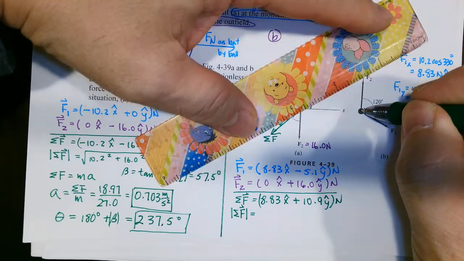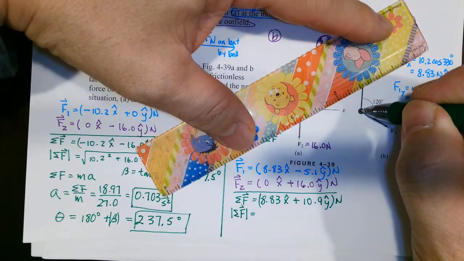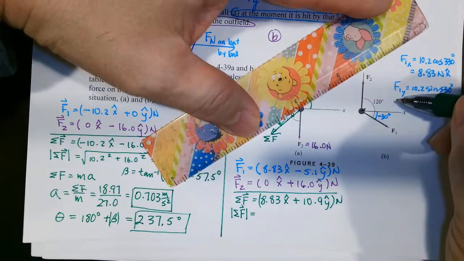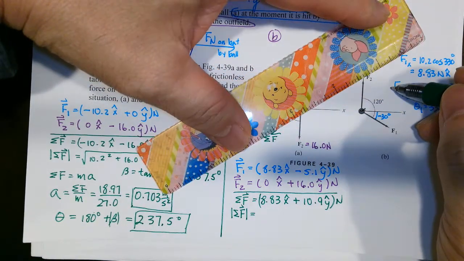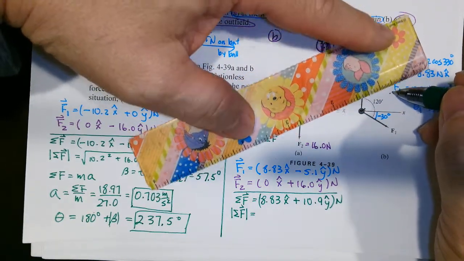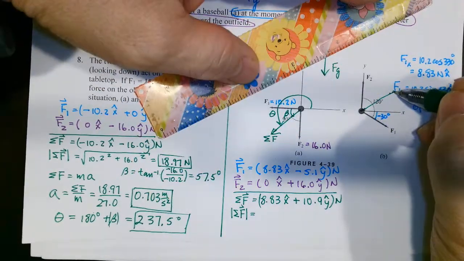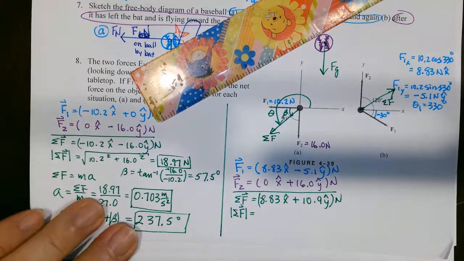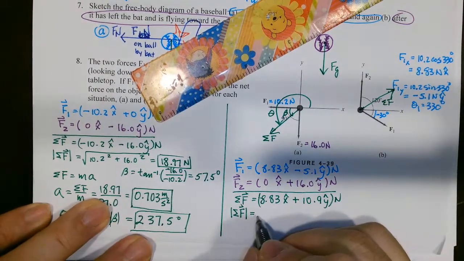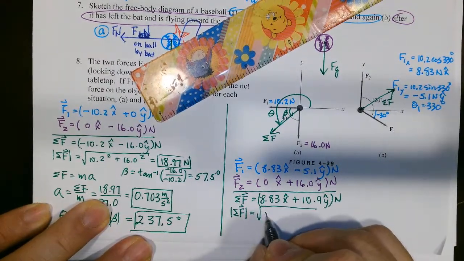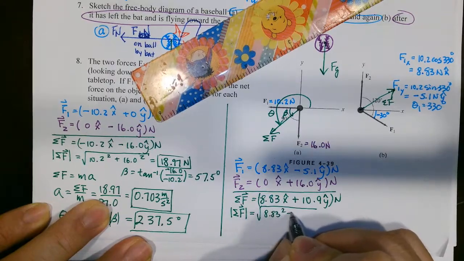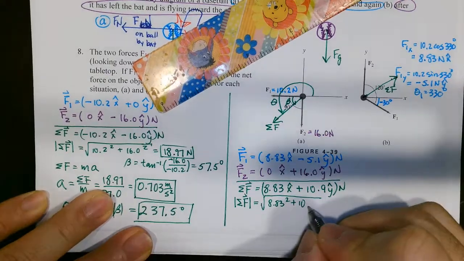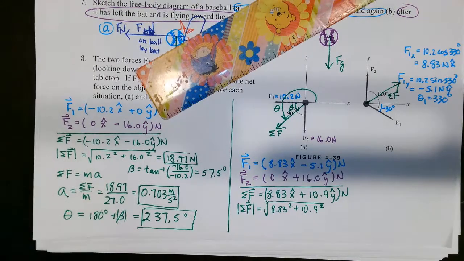So it's the square root of 8.83 squared plus 10.9 squared.